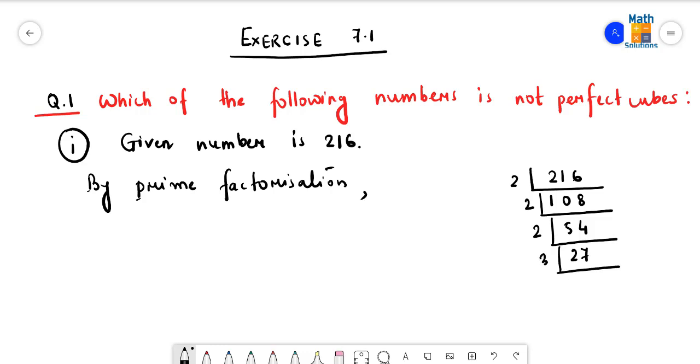27 is an odd number, it is divisible by 3. 3 9 are 27, again by 3, 3 3 are 9. So by prime factorization, what do I get? 216 is equal to 2 into 2 into 2, again 3 into 3 into 3.